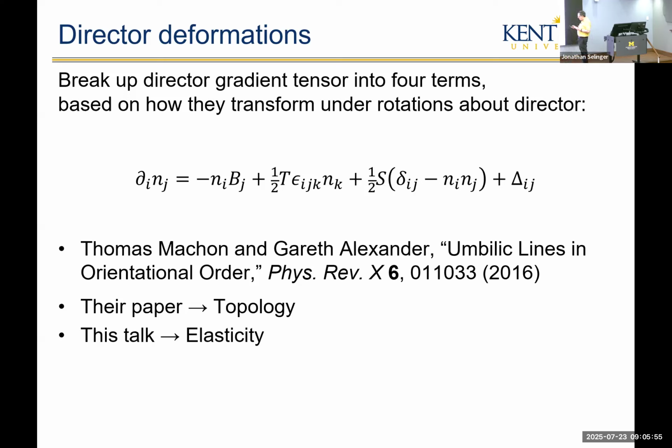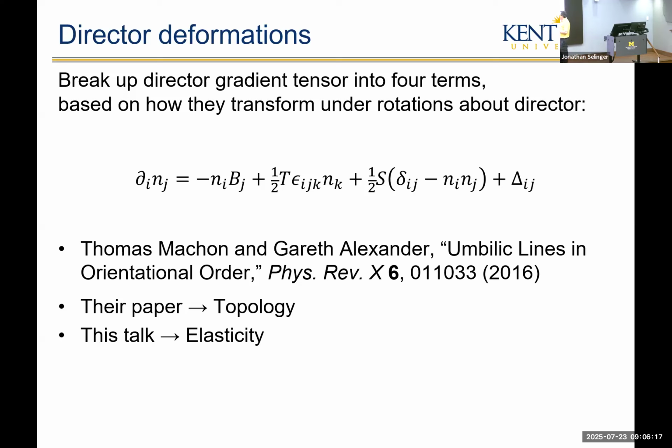My variation is based on thinking about all the first derivatives. How can the components of n, x, y, and z components, vary as a function of coordinates x, y, and z, so that it makes a 3x3 matrix, or a rank 2 tensor.